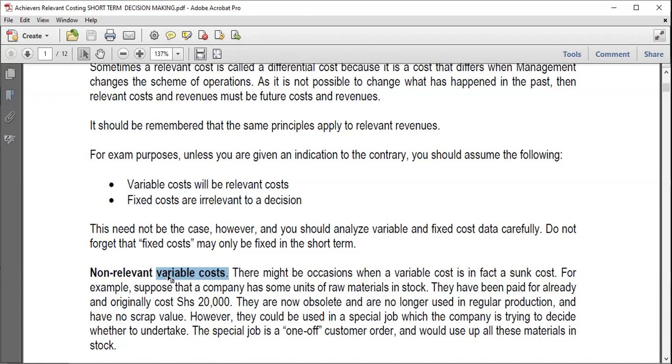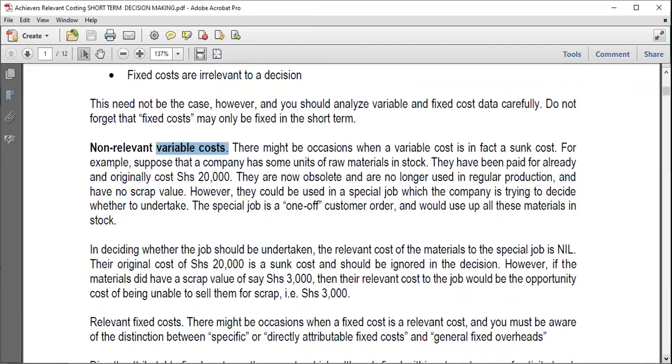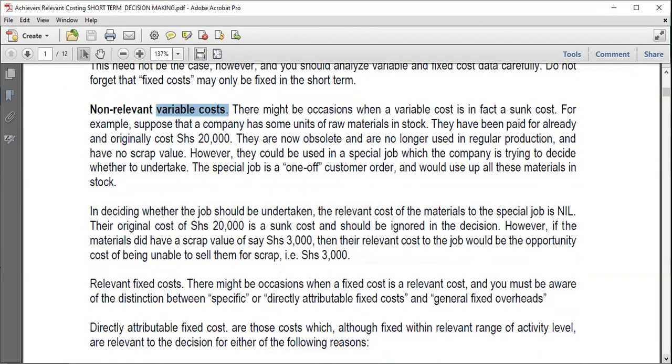You get it? So it's very important for you to have that in mind, that even if it's a variable cost, it can also be irrelevant. So good for us to understand. We shall try to look into more.